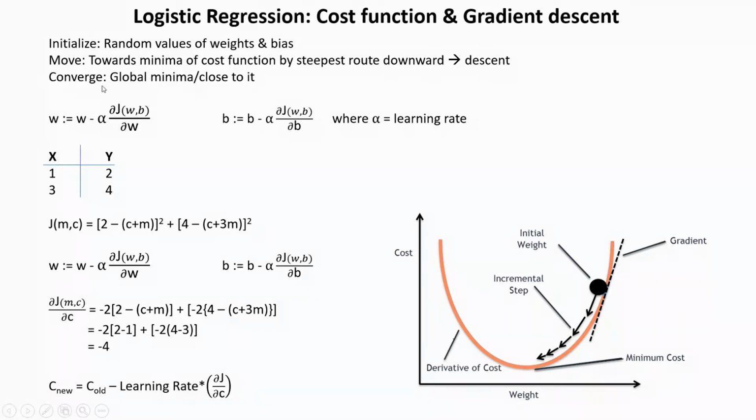Okay, and then what is the final aim? To converge to the global minima value, or in most cases close to the global minima value, right? Because you are estimating the error associated with your function, and if that error is less than a certain designated value, say initially the error was 4, then it came to 0.4, then 0.04, then 0.004.